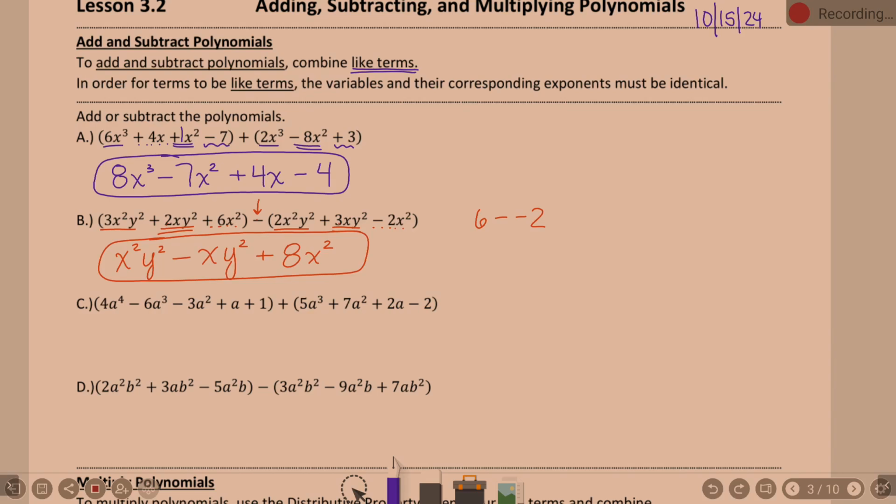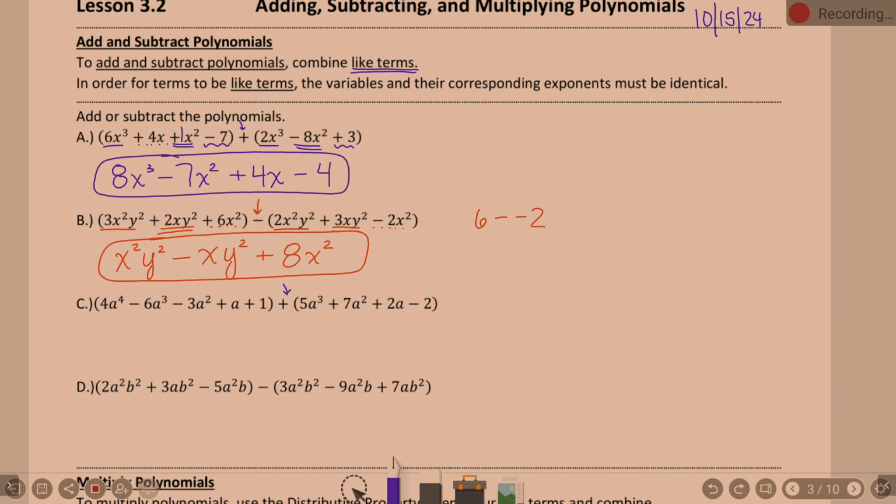What's next? What do you notice about C? It's an adding problem. Always want to pay attention to what sign is in the middle. Because in homework, they're going to mix it up on you, aren't they?